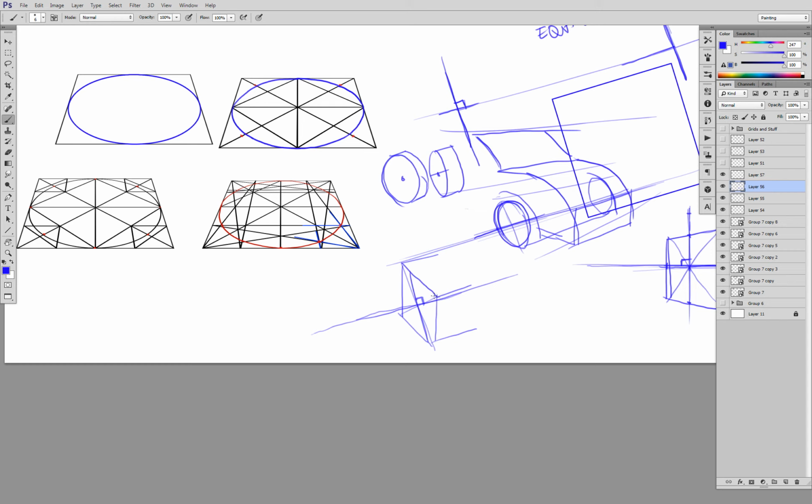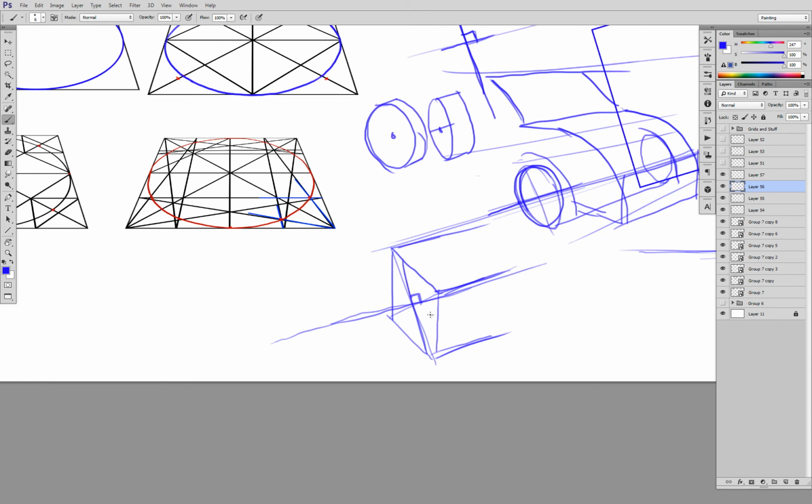But again, this might not be 100% square. But if I follow the rules of an ellipse, then what I draw around here will actually be representing a circle.